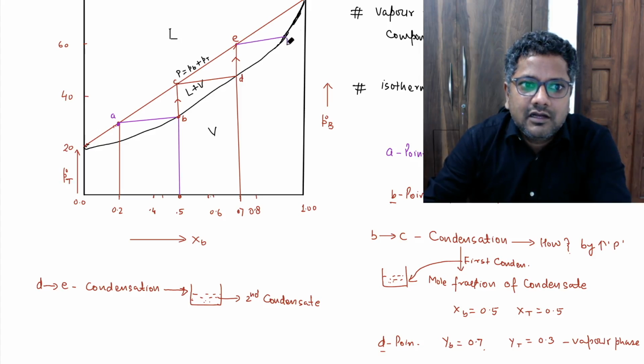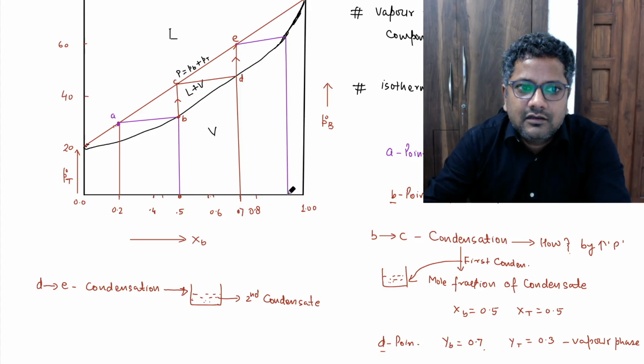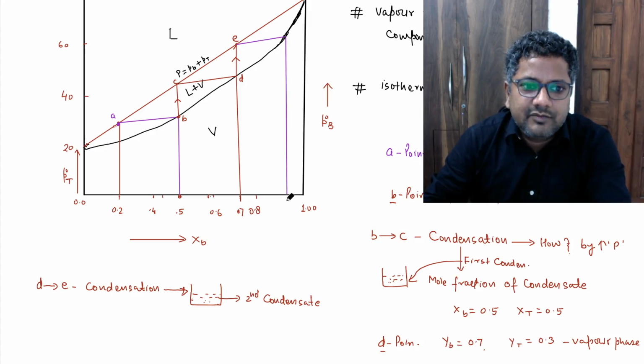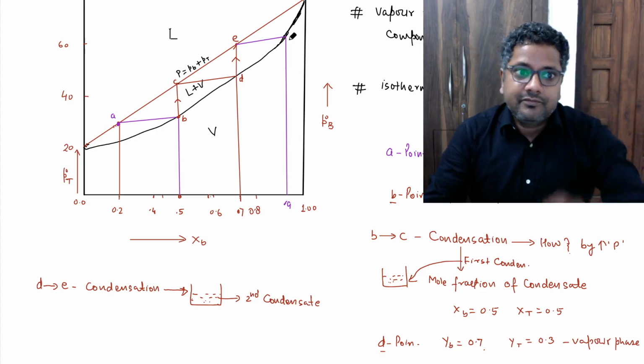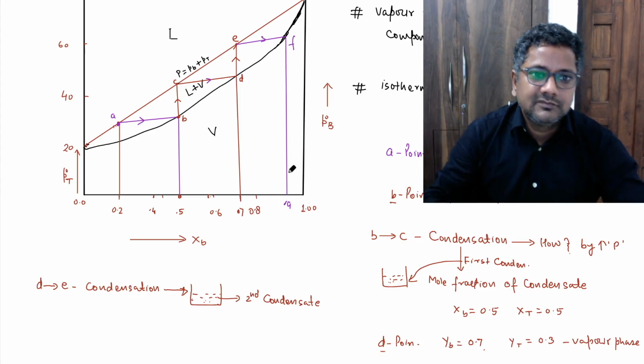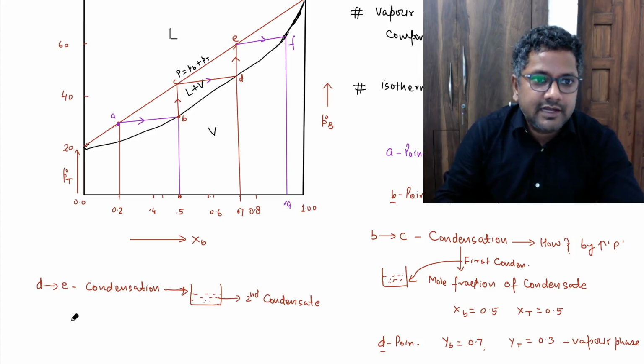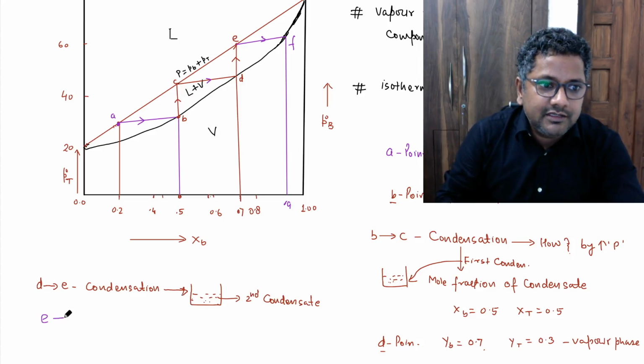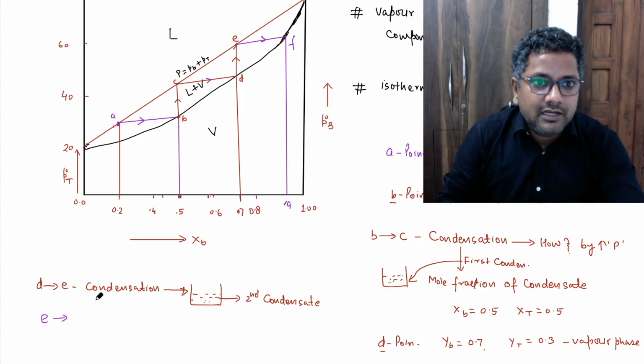And right? So let it be 0.9 for simplicity, 0.9 EF. Now this D2E condenses, and point E is the liquid phase.